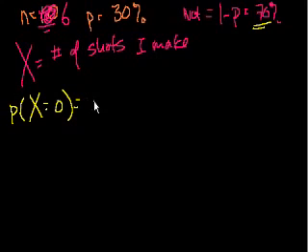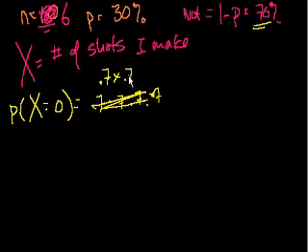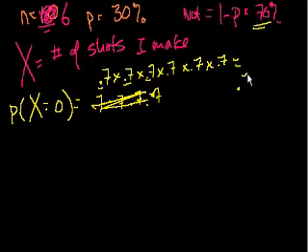So the probability of this is 0.7 times 0.7 times 0.7 times 0.7 times 0.7 times 0.7, right? Each of these is missing the first shot, second shot, third shot, and so forth. And this is equal to 0.7 to the 6th power, whatever that might be. And there's only one way to do it. I literally have to miss every shot in order for x to be equal to 0.